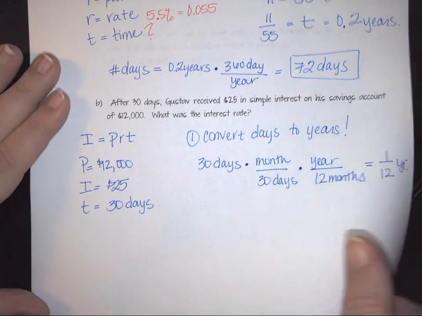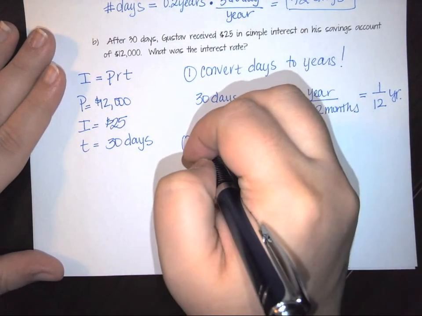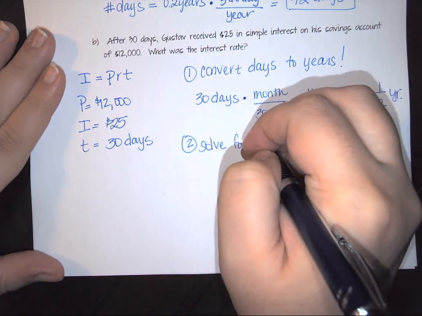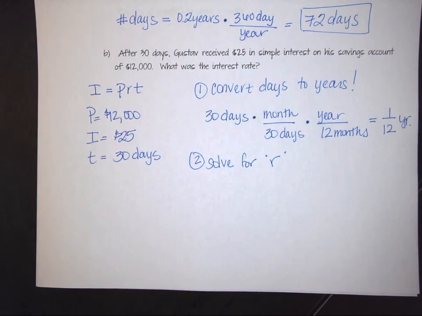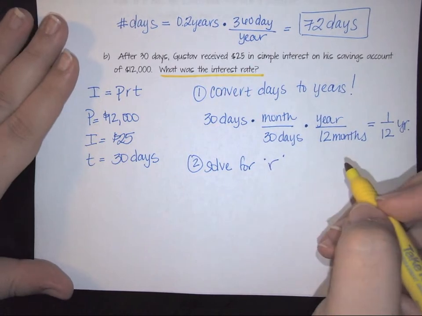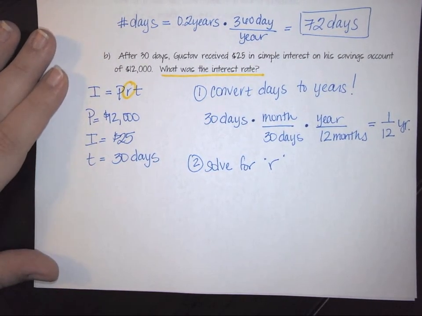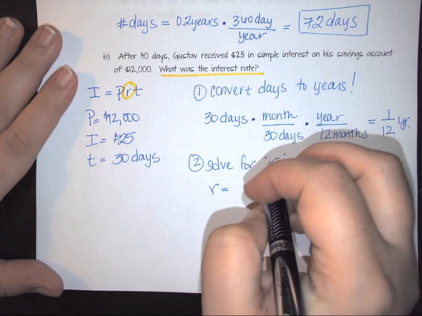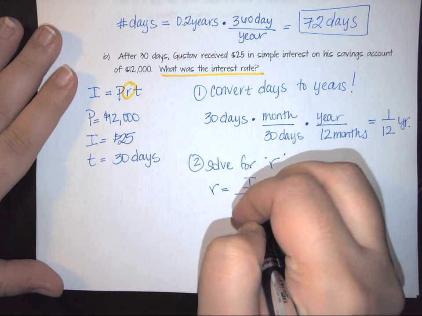So the next thing that we have to do is solve for r, because that is the variable that we are looking for. We want to know what was the interest rate. So r is here in the middle of our problem. So this means to solve for r, we have that r is going to be I divided by PT.